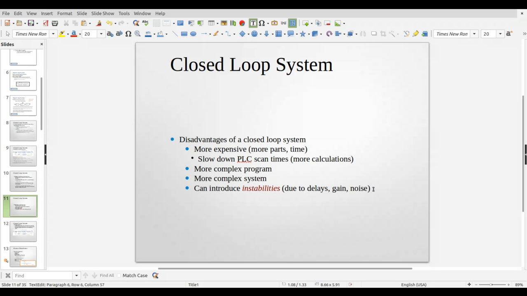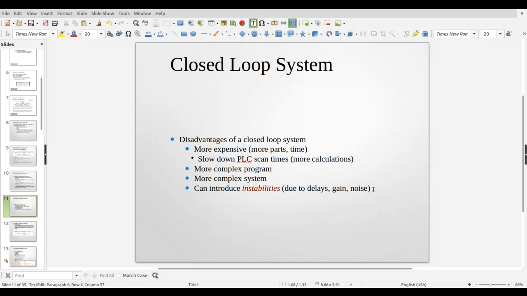And so there's an inherent delay in a closed loop system using a PLC or any sort of digital computer, because, as I said, think about your scan. You have to read in the values, then run through all the code, do all your system checks, then send your output.